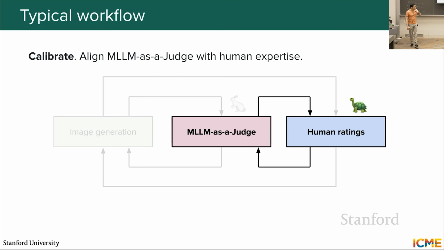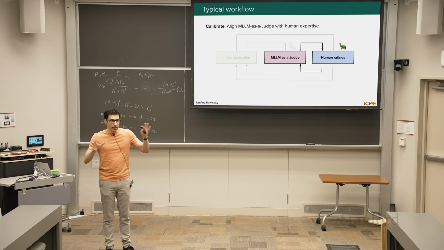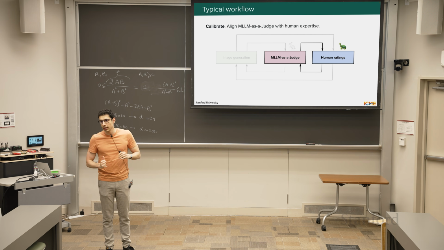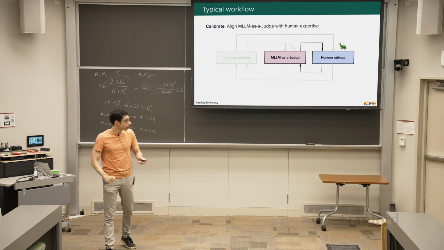And the second step would be to handcraft rubrics that would match human intuition. So these days, handcraft is a bit of a strong word because you wouldn't actually handcraft this. You would ask a model to handcraft instructions that would be such that the resulting ratings would match human intuition.